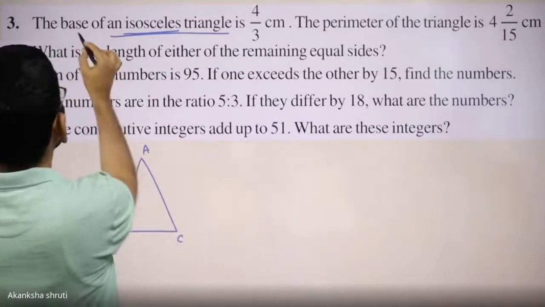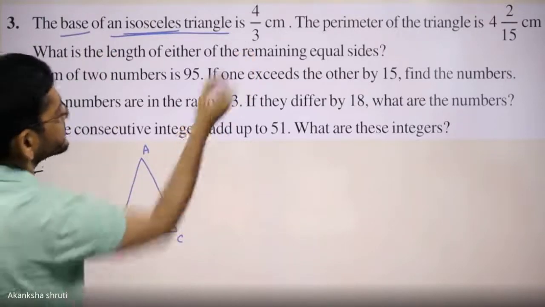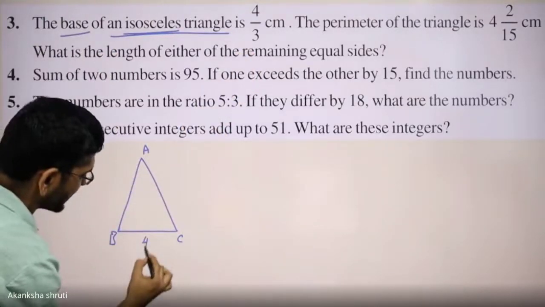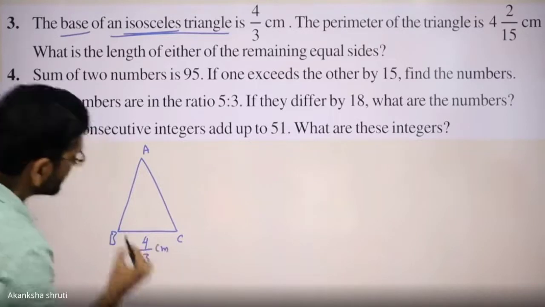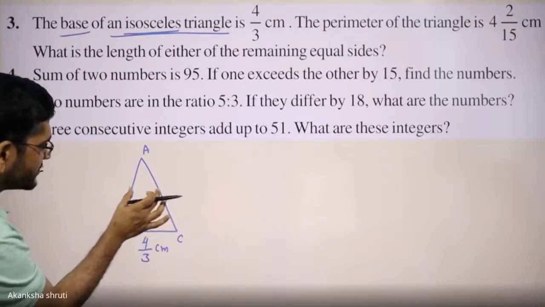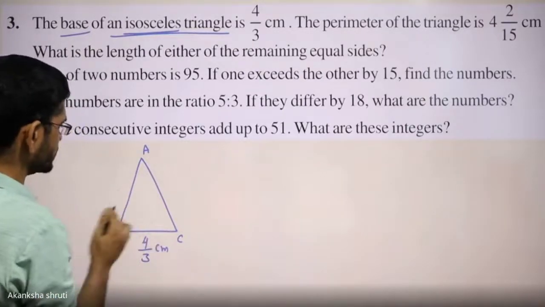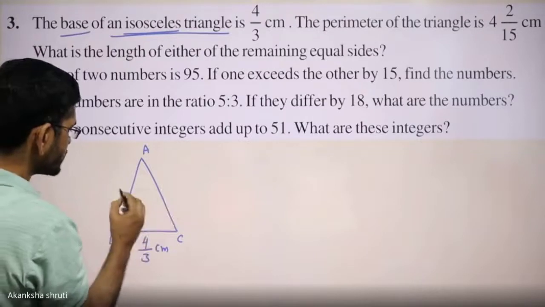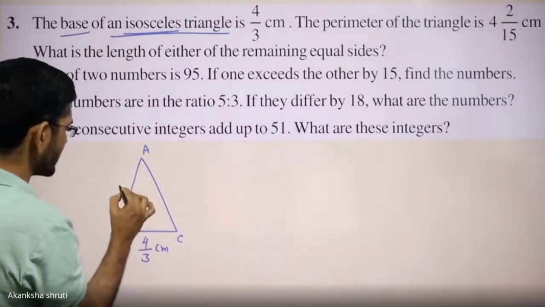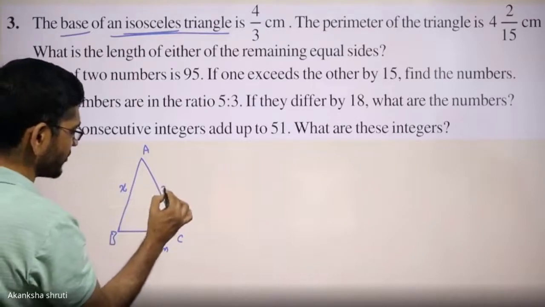So it is given at the base. Students, in this, the base is given as 4 by 3 centimeter. Isosceles means the other two sides, these two sides, are equal. This is the base and these are the other two sides. So these two sides are equal. So consider one of the sides as x, this side will also be x.